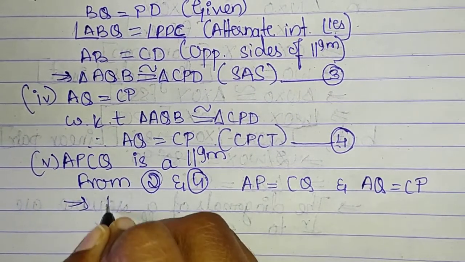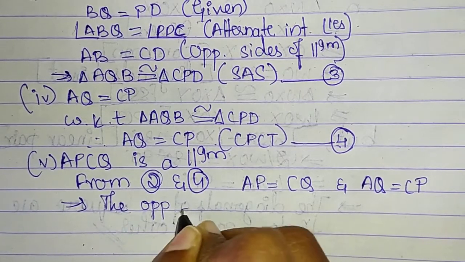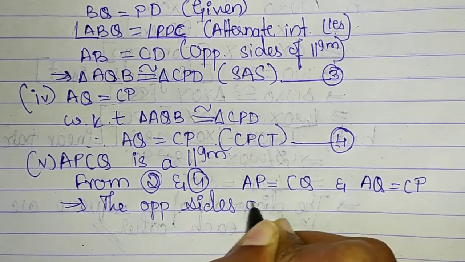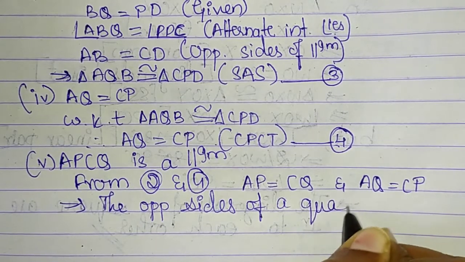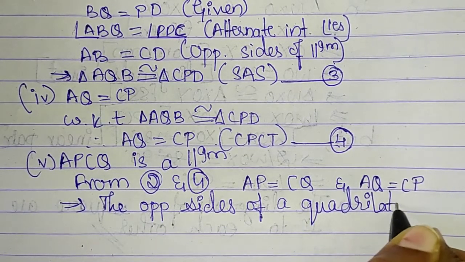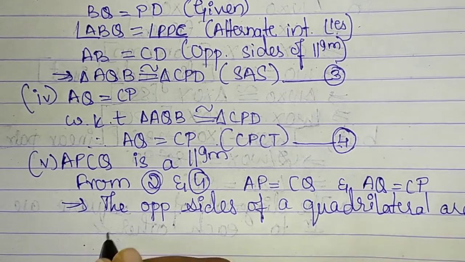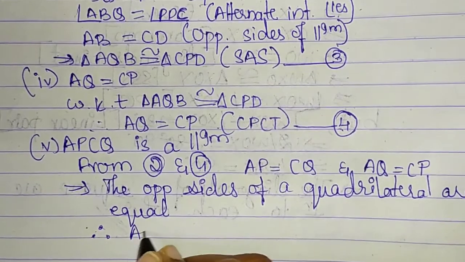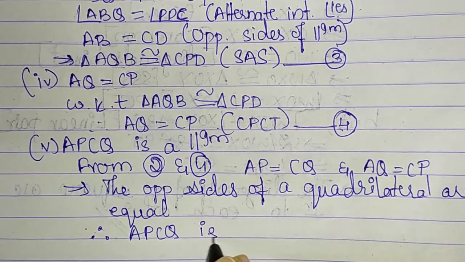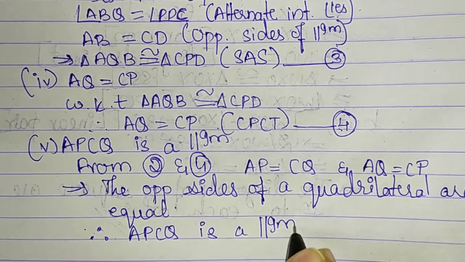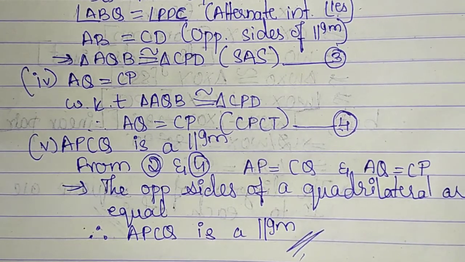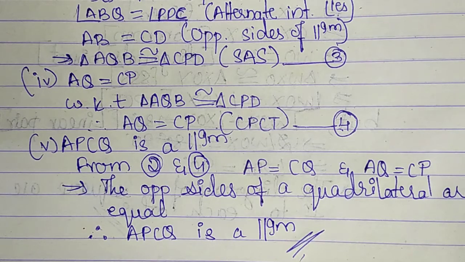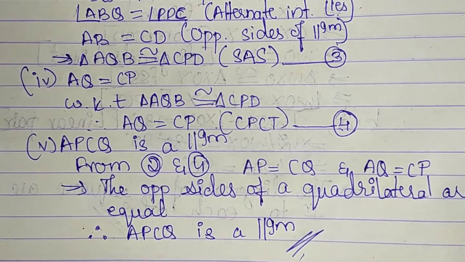So this implies the opposite sides of a quadrilateral are equal. Therefore, APCQ is a parallelogram from the theorem which we learned in the first class: if the opposite sides of a quadrilateral are equal, then it is a parallelogram. So APCQ is a parallelogram. This is the solution to the 9th question.